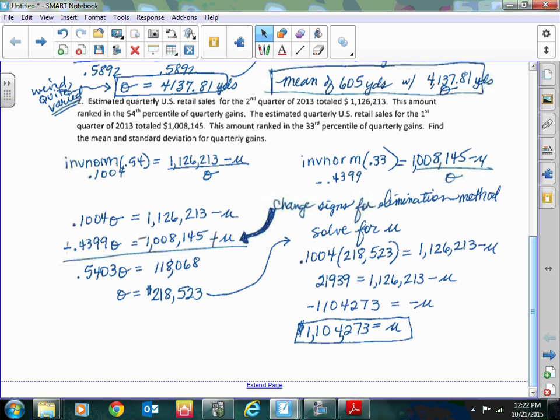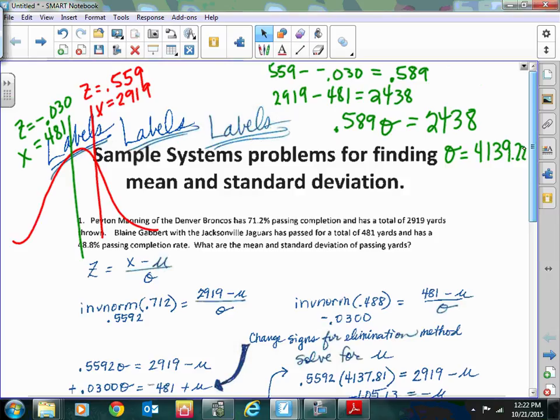Now, if you go the common sense route, the distance from one standard deviation to the other, you're basically subtracting one from the other, was 0.589 standard deviations, over the course of this much context. Then you get the standard deviation from that. So either way is fine, as long as you're successful with one of the versions, okay?